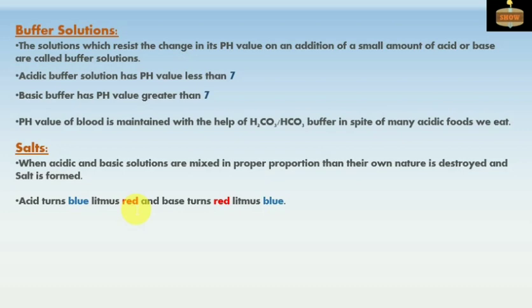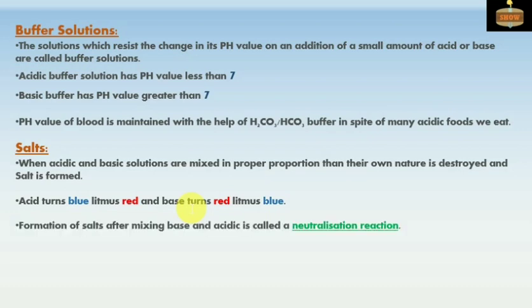If it is blue, it will turn red; if it is red, it will remain red. In a base, it always turns blue. This is another way to check whether something is an acid or a base, by the litmus test. The formation of salt after mixing a base and an acid is called a neutralization reaction. I hope you have understood the whole concept of acids and bases, and thank you for listening.